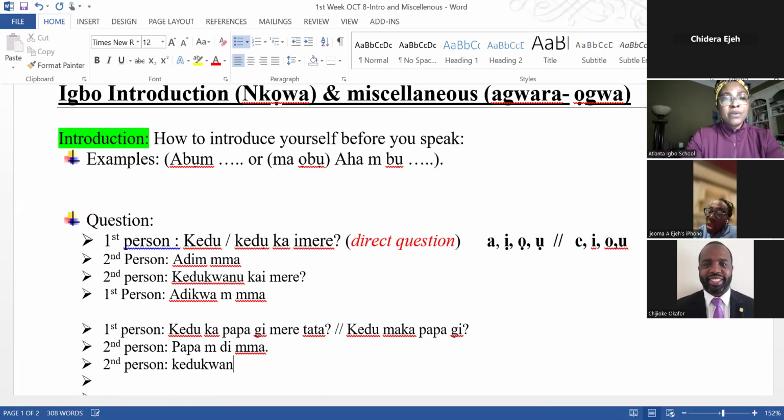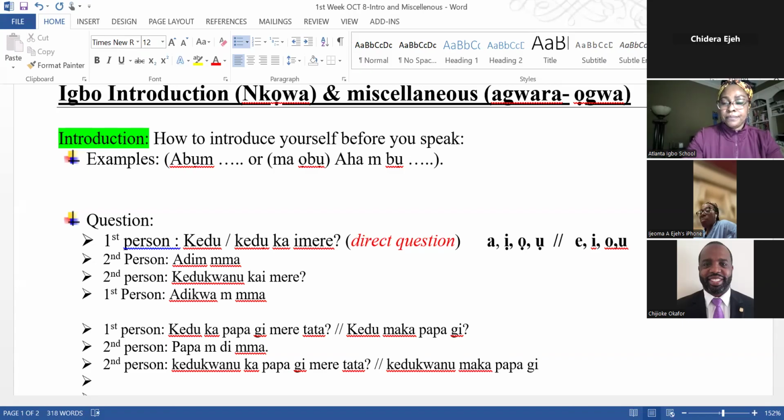Kedu kwanu, the same pattern. Kedu kwanu ka papa gị mere tata. Or you can also say, kedu kwanu maka papa gị, just like Chidera put it.